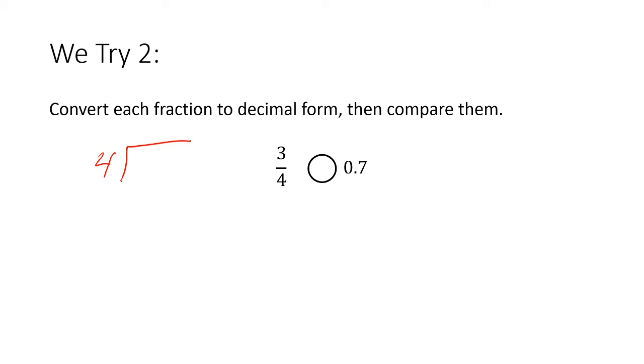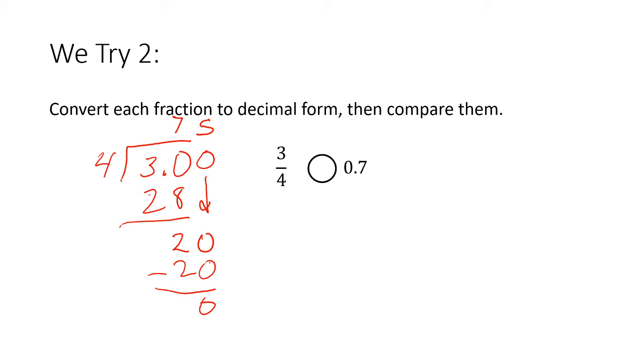4 goes on the outside, 3 goes on the inside. I need to add a 0. Use a 7. 7 times 4 is 28. I'll have 2 left over. 4 goes into 20 5 times. 5 times 4 is 20. Pop up the decimal. Make that left one 0.75.